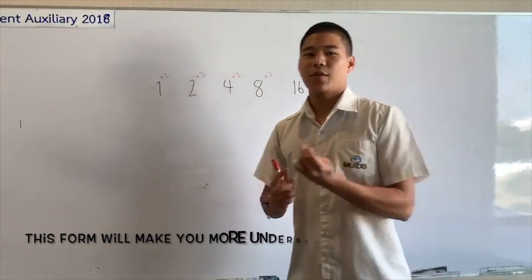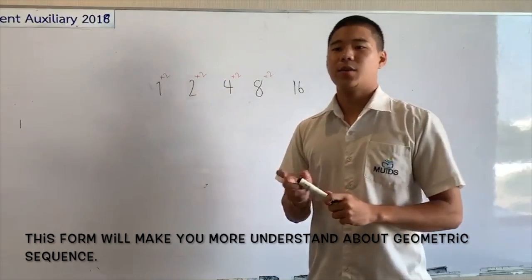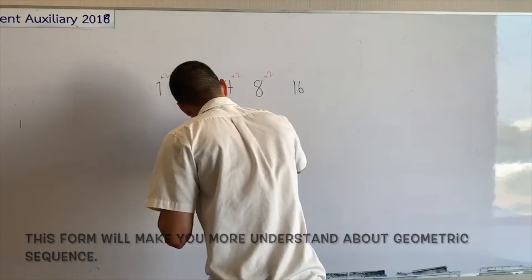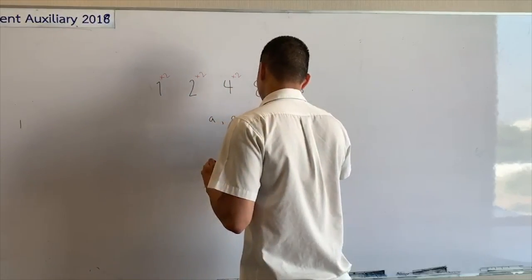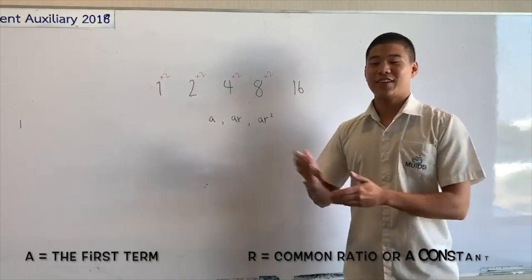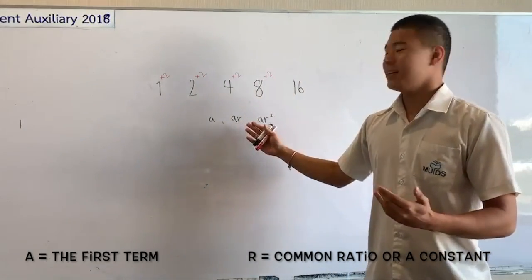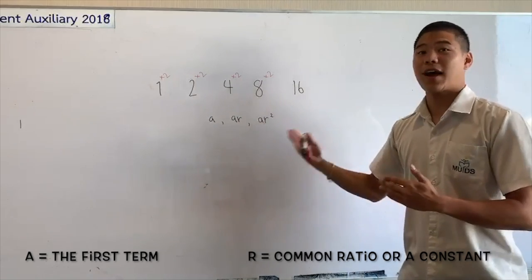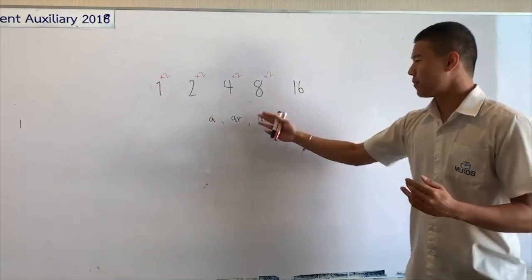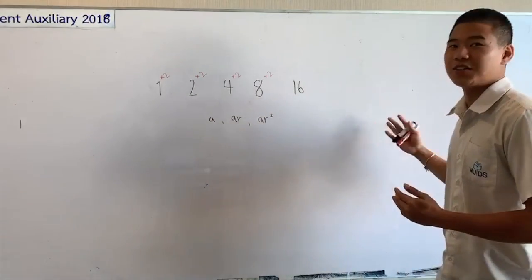In general, we usually write our sequence in a form that will look like this. The letter a stands for the first term, and r is the constant being multiplied to our number, and it keeps multiplying, so the power keeps adding up as we continue the sequence.